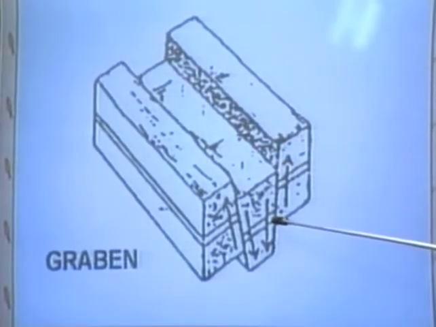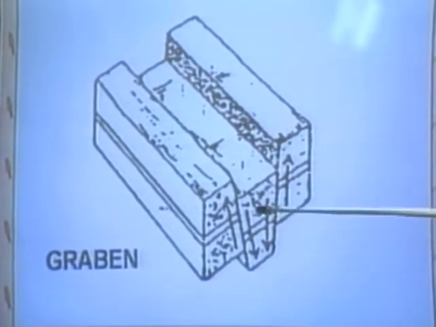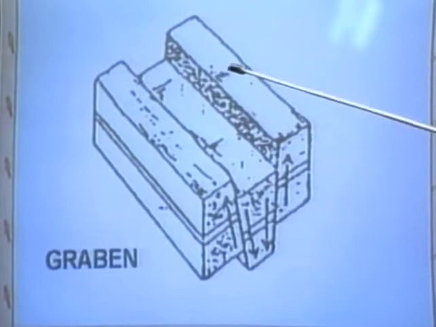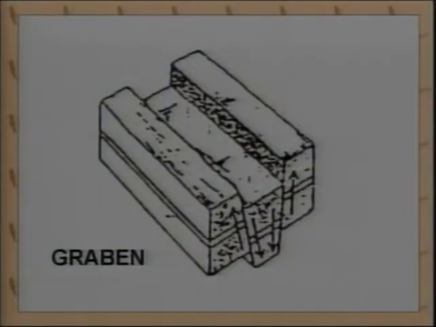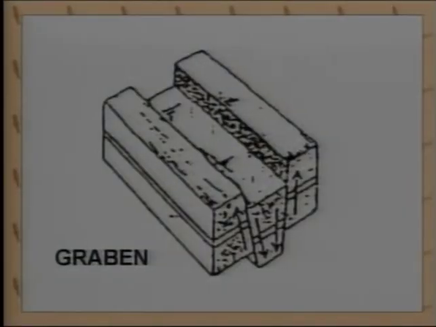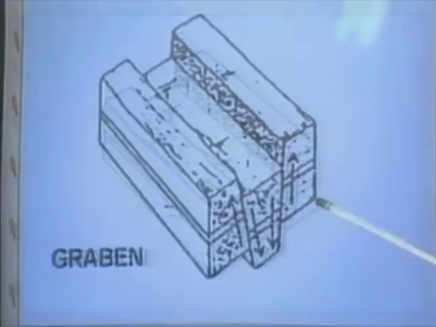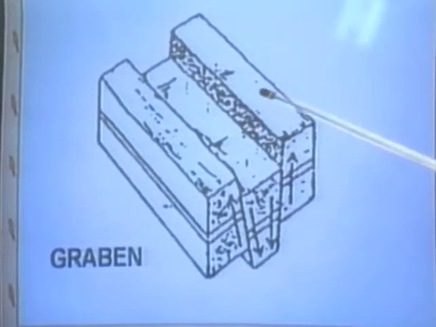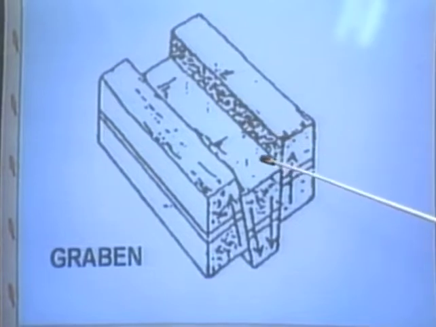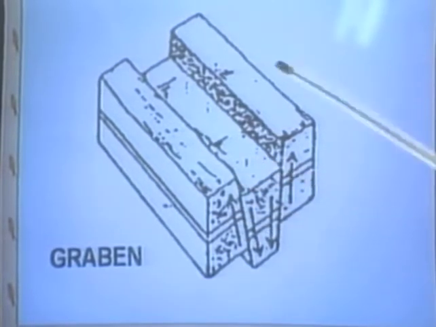And the graben refers to the depressed area between two uplifted areas. So the two uplifted areas could have been formed as a result of blocks uplifted and an area in between being depressed. And then we have a depression, which is referred to as the graben. You must have those two parallel faults.